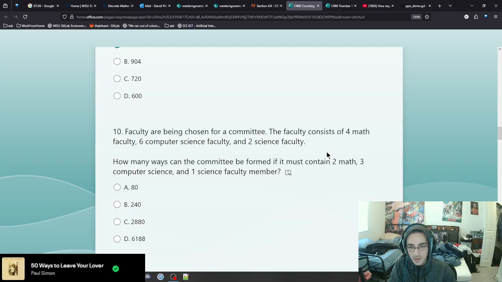Each, wait. So the faculty consists of 4 math faculty, 6 computer science, and 2 science.